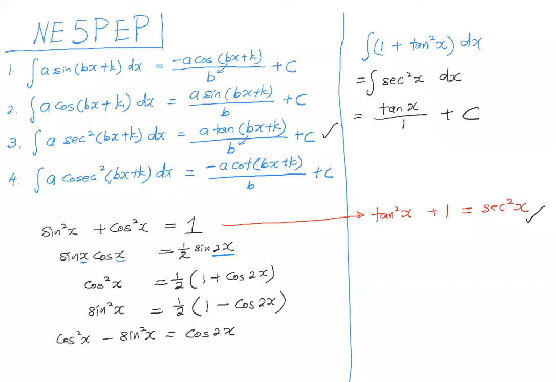So what is another one that I can get from here? I can also make it like that. 1 plus cotangent square x equal to cosec square x. You get me? So these two formula, they are equally important.